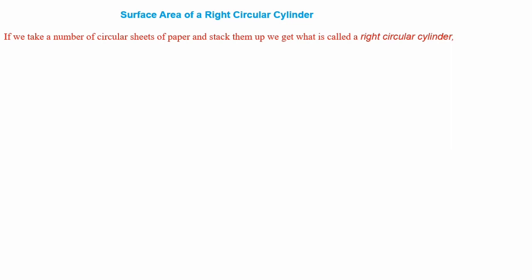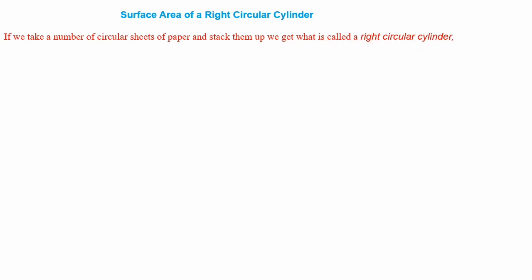Next we shall discuss a new concept, the surface area of a right circular cylinder. We have already learned about a right circular cylinder in the smaller classes, class 8, class 7 and so on. Let's recall how a right circular cylinder is formed. If you take a number of circular sheets of paper and stack them up, we get what is called a right circular cylinder.